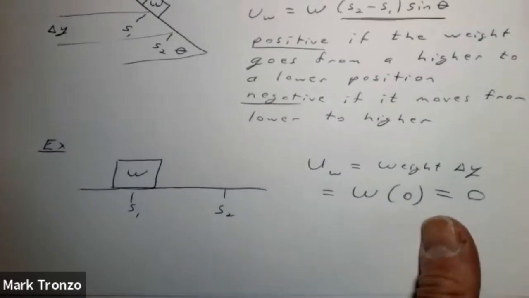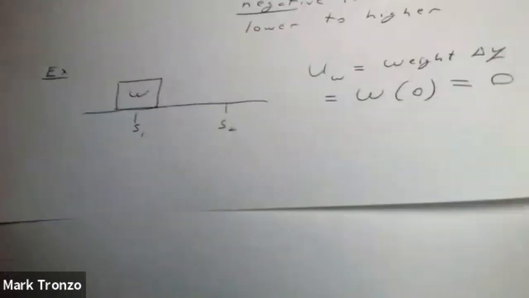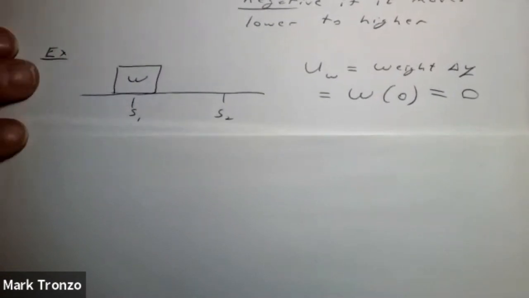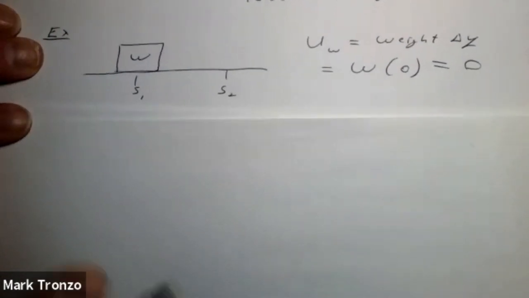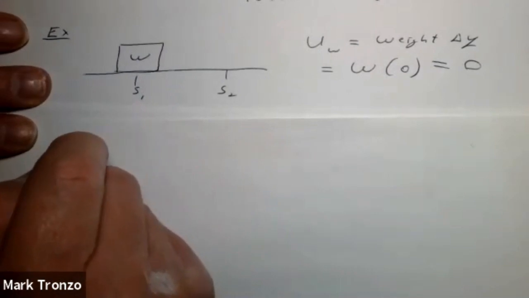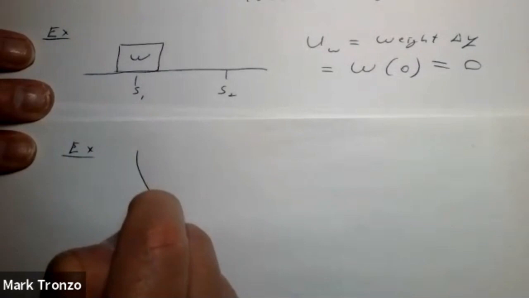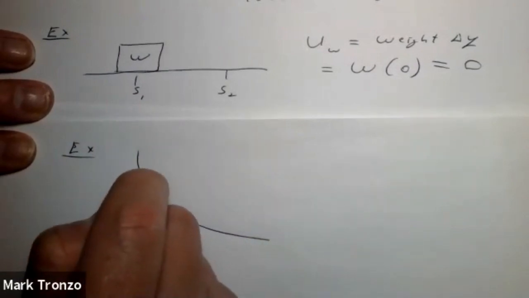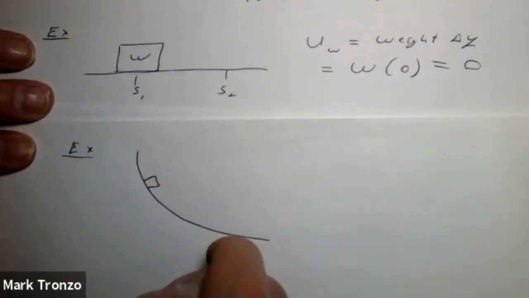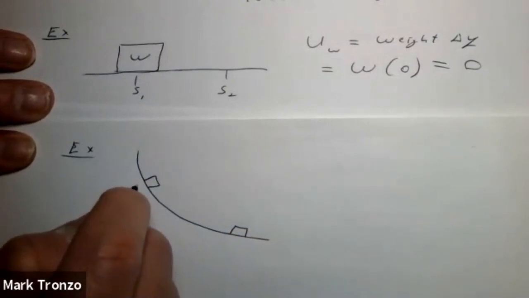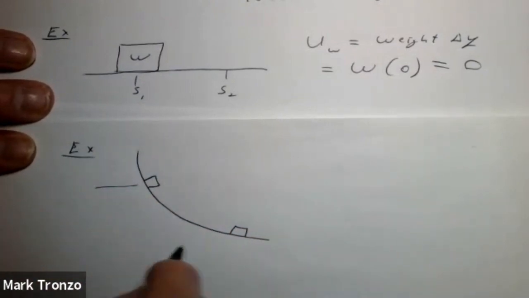And let me mention where it's particularly handy that this works out this way: if you have a complicated surface of some kind. Let's say you have a box going down a ramp or something. It's starting up over here and it's ending up over here. We don't really have to think about what kind of path it took.